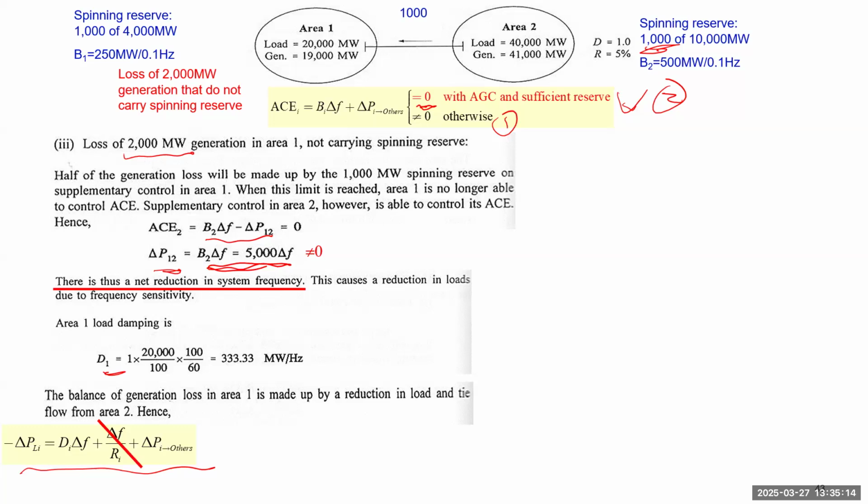Because for this case, area 1 will lose the regulation because it doesn't have enough spinning reserve. So this item is not functioning. The governor just stopped there.